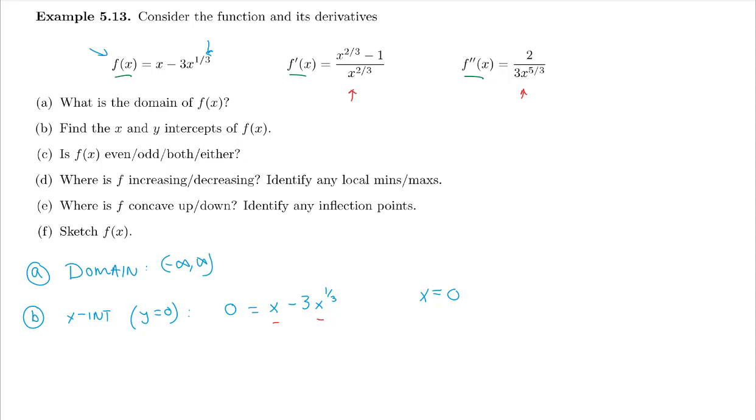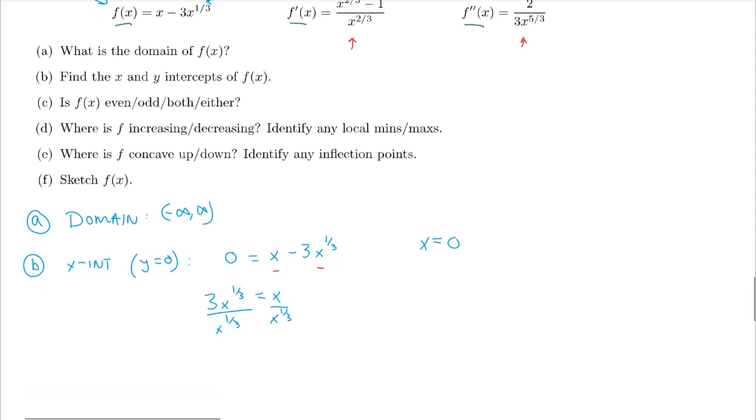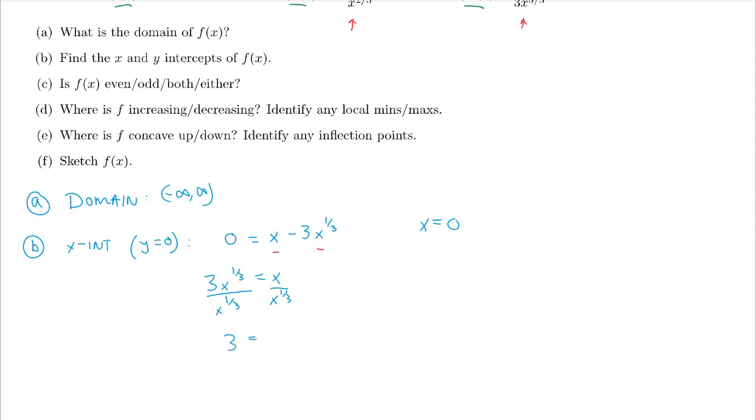Now to solve for the other x-intercepts, we can add the 3x to the 1/3 over to the left here, and then we can divide by the x to the 1/3, and when we do that, we get 3 equals x to the 2/3, which we can then further simplify by raising to the 3/2 power to get that x isolated.